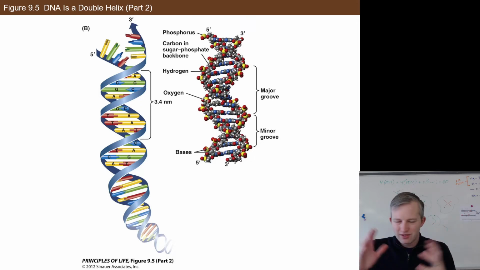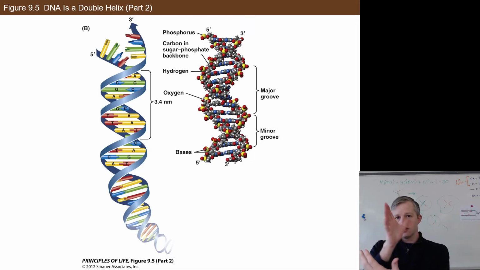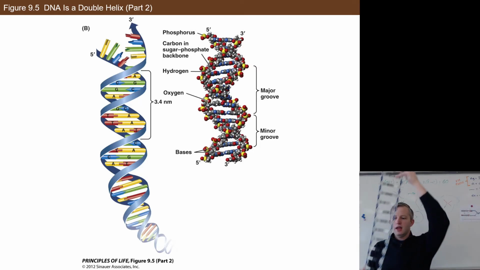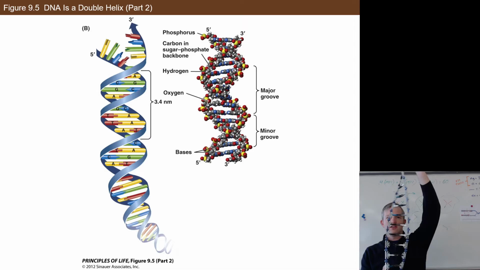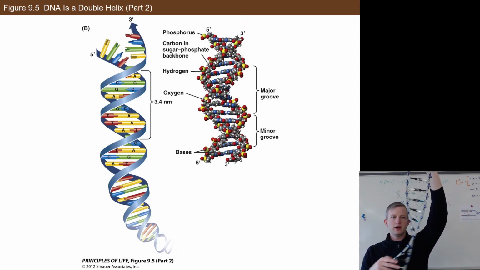So it's not meaningfully related to your hands. It's just referring to what direction it spins. I have my Connects model of this, and depending on if I twist it this way, I get one thing, and if I twist it in this direction, I get a different shape.